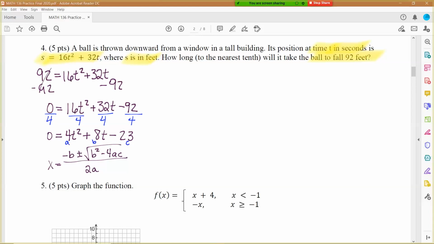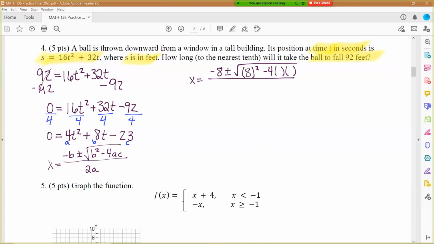So I'm going to work over here at the top. So x equals negative b. I want the opposite of positive 8, which is negative 8, plus or minus. Underneath our square root, we need b squared.